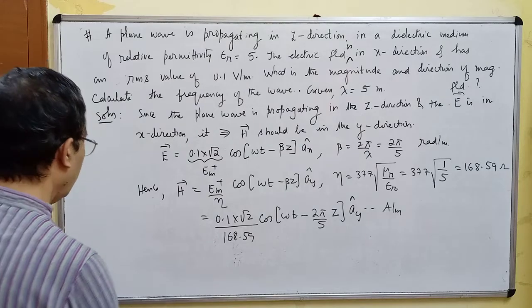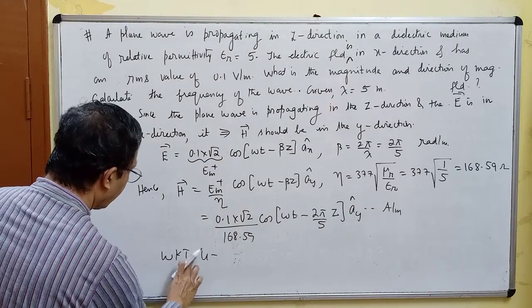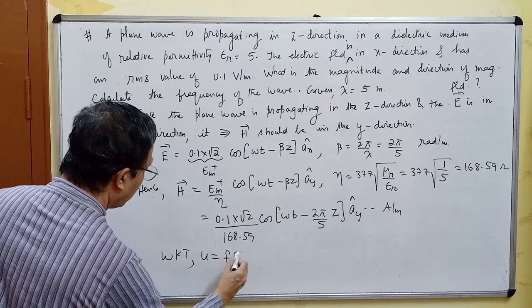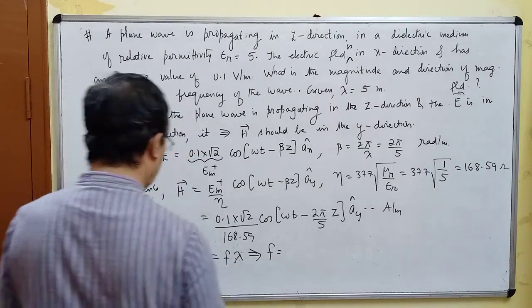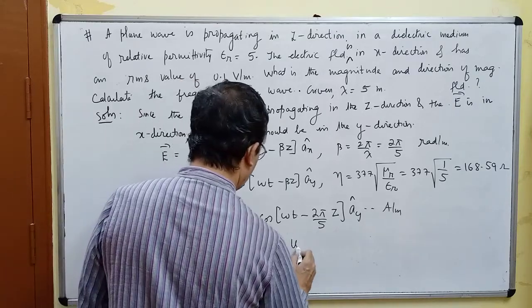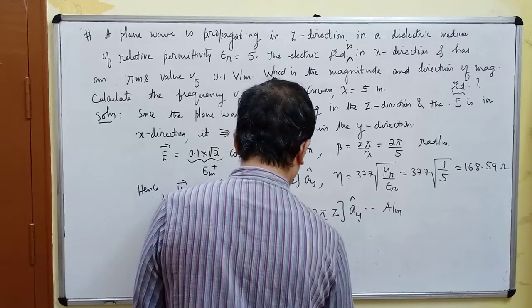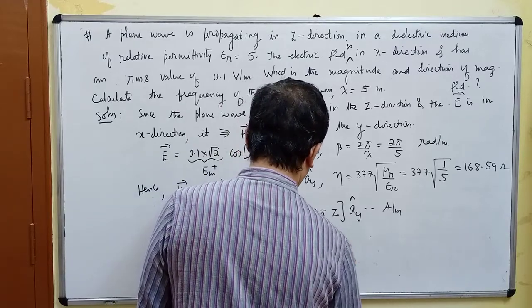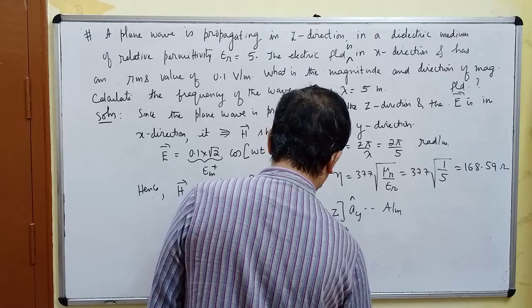What is the frequency? We know that U is equal to F into lambda. This implies F is equal to U divided by lambda. What is U? U is 3 into 10 to the power 8 by root of mu r into epsilon r.